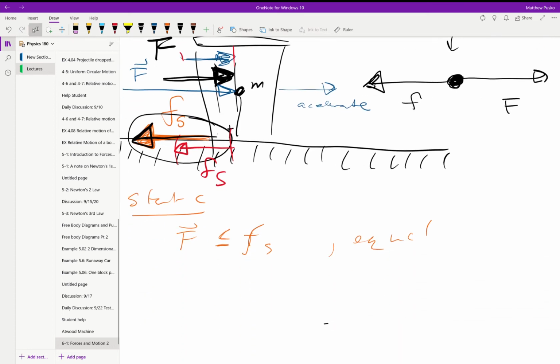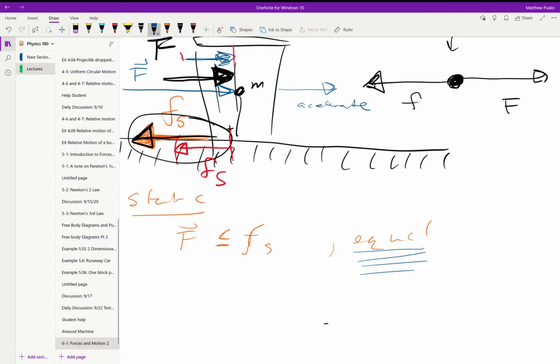So up until the point where the greatest static friction occurs, the applied force is going to be equal to the static friction, until we get to that maximum possible grip that those two objects have on each other, and then it's going to start moving.